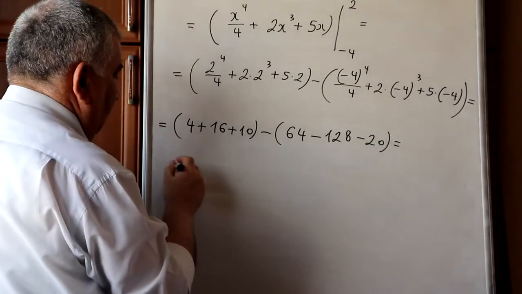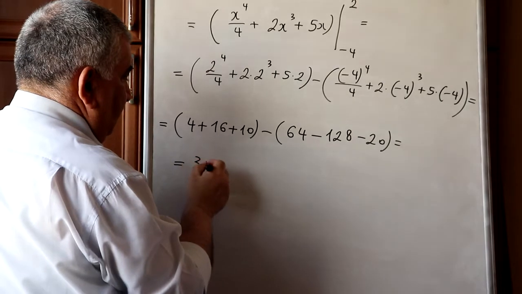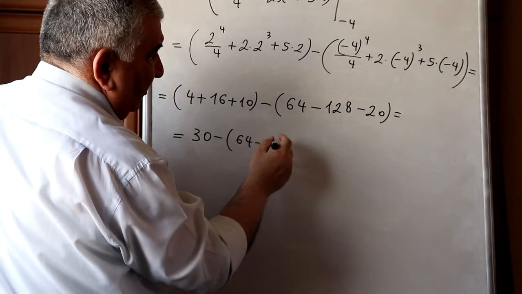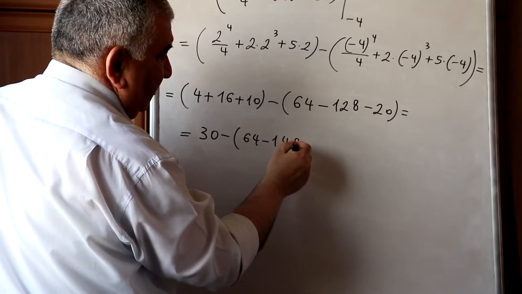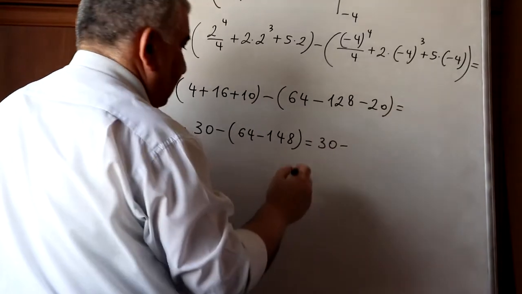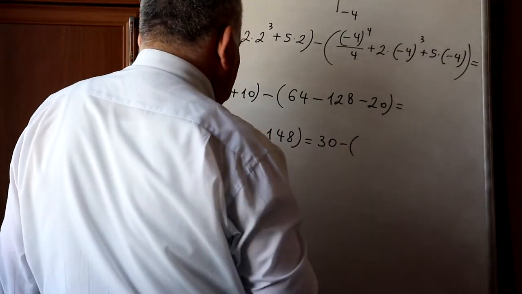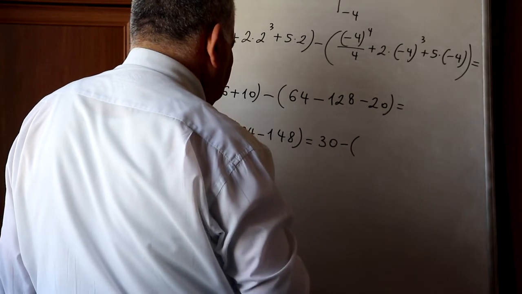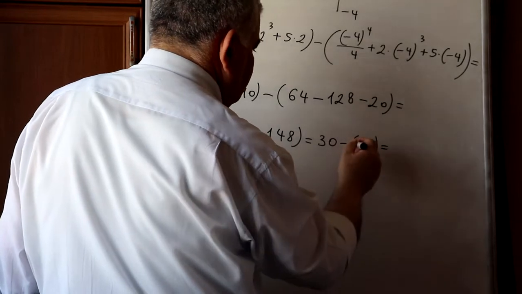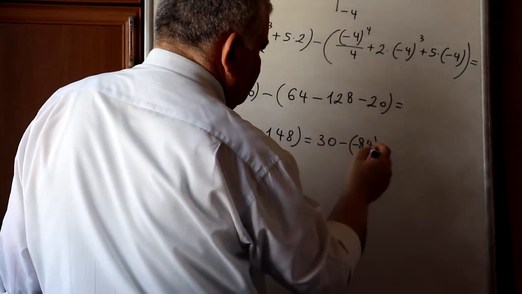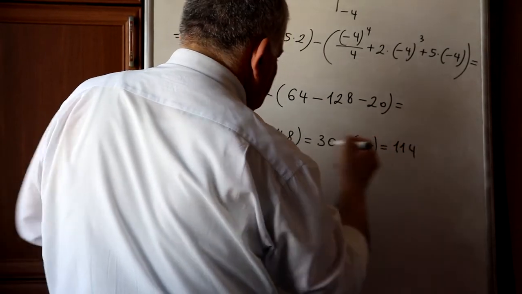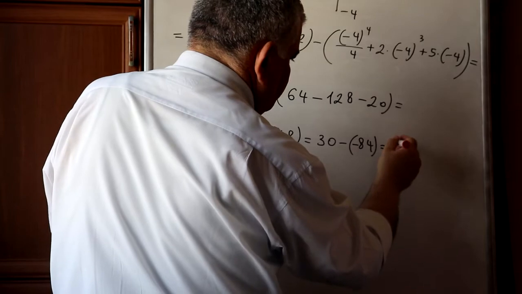Continue. It is 30 minus 64 minus 148, equals 30 minus 84. I'm sorry, minus 84, and it is minus 114. Our answer is 114.